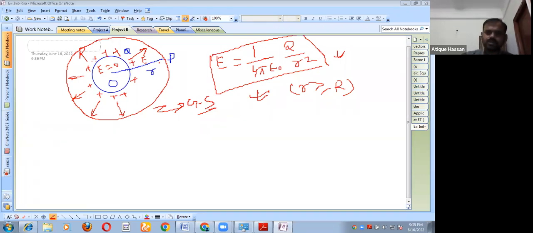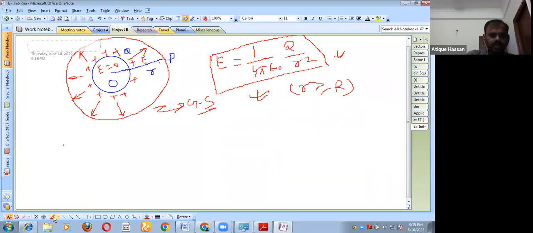The electric field of a point charge and the electric field of a spherical conductor have the same expression.